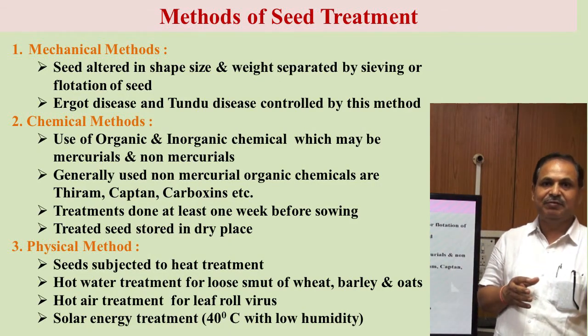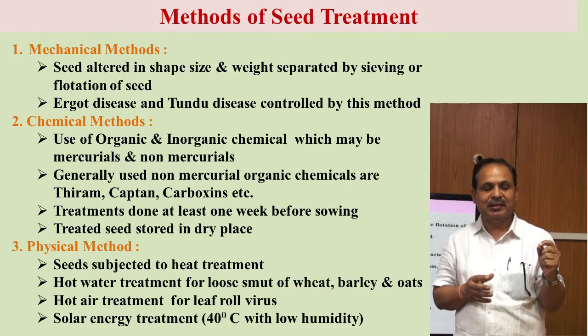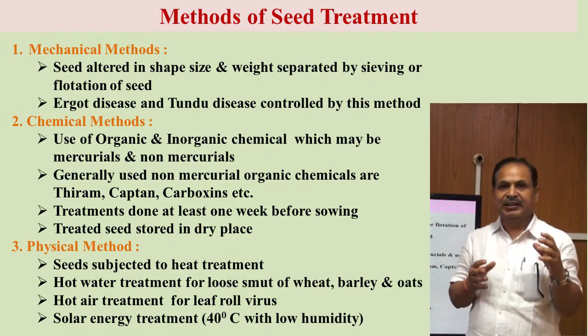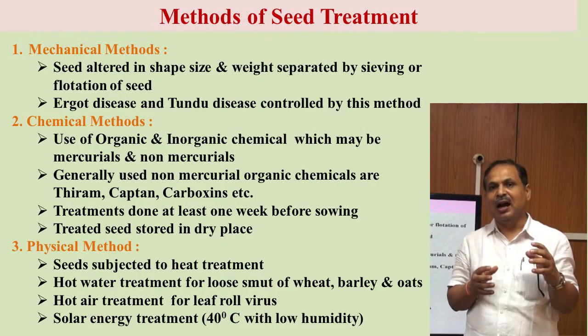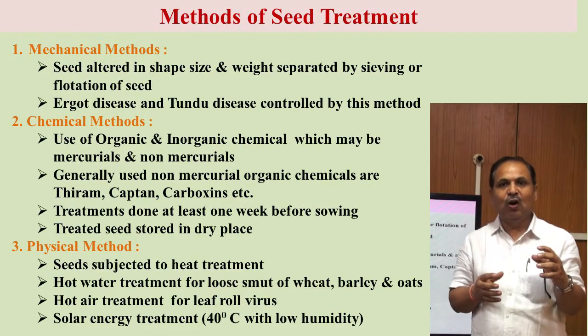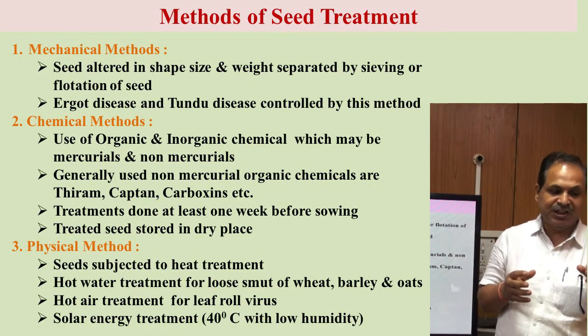The last method is the physical methods. In these methods, seeds are subjected to heat treatments. This heat treatment may be done either by hot water, by hot air, or by solar energy treatments.